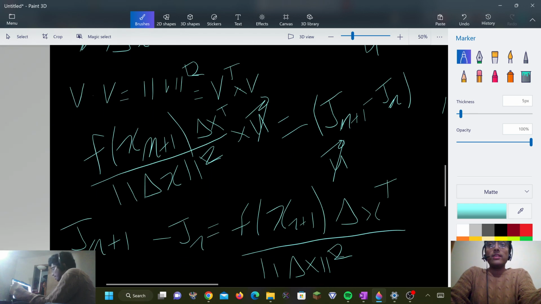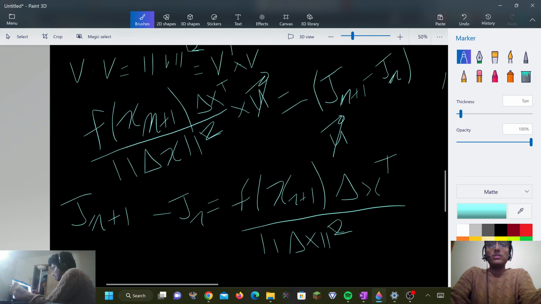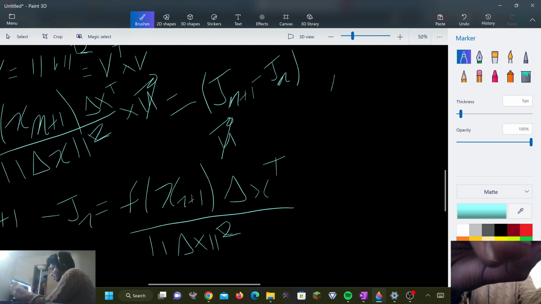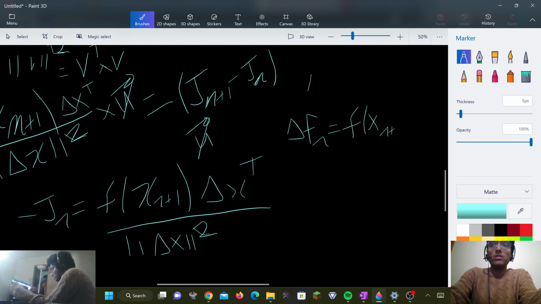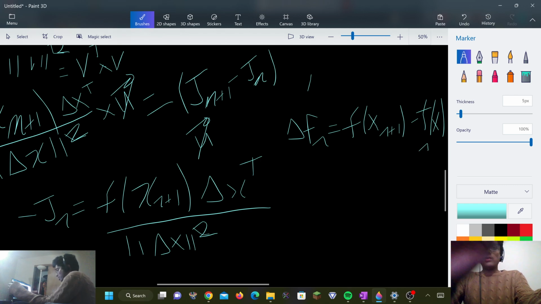What we're going to do with this is use the fact that we need a delta f n on the top, if you remember our first equation, equals f x n plus 1 minus f x n. And so if you add that over, you get your expression.